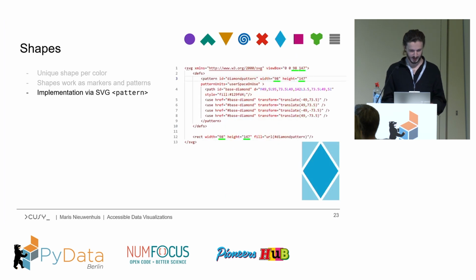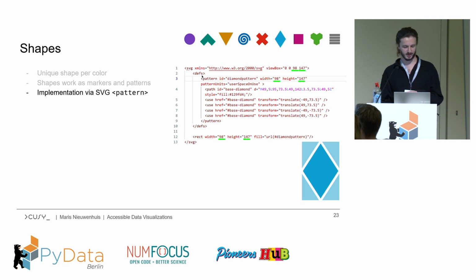This is all implemented in SVG patterns. If you don't know, SVG stands for Scalable Vector Graphics. This is a data exchange, mostly a graphics exchange, document format that has this XML-like syntax. And going into it, the defs section is a definition section.